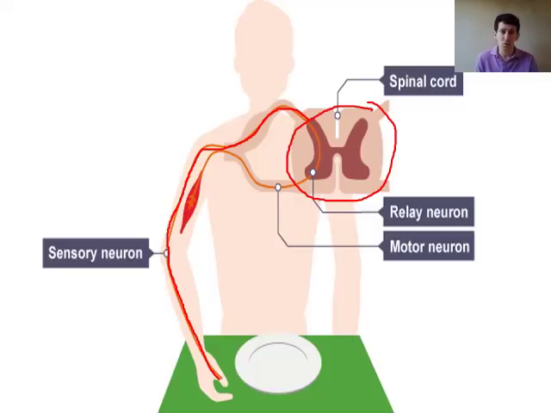And we've got a relay neuron right here in the middle. Okay, and the relay neuron allows the information from the sensory neuron to connect with the motor neuron. And the motor neuron will carry on and eventually initiate the movement that we require.